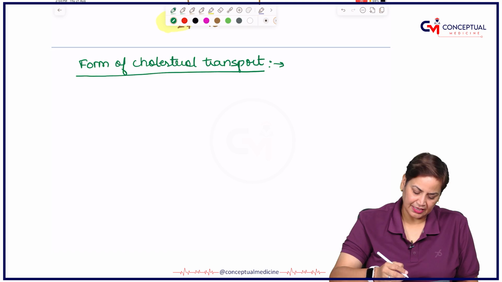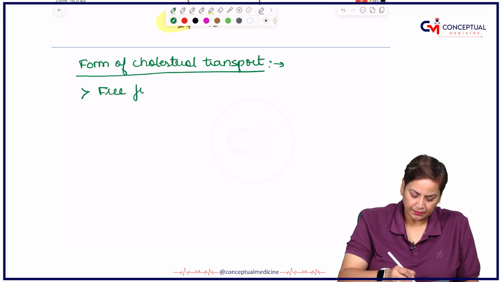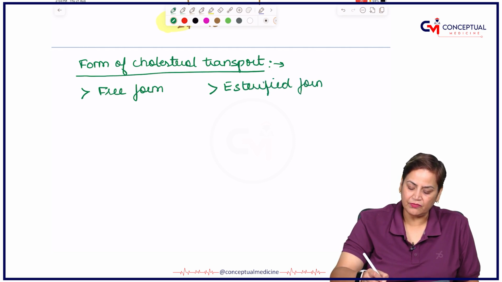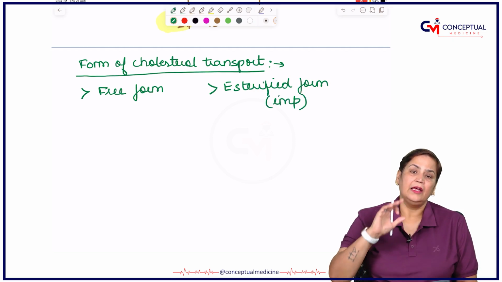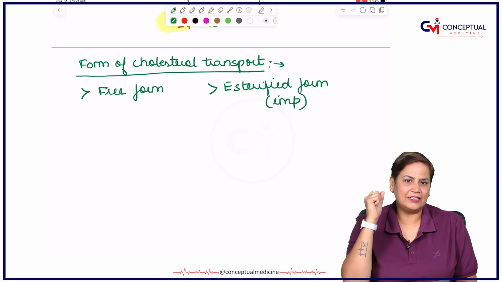This is a very interesting reaction, I would say. Cholesterol moves in the free form also, and in the esterified form also. And this esterified form is the one which is very, very important. Why important? Because HDL is responsible for reverse cholesterol transport. Now the tragedy with cholesterol is that it has an amphipathic structure.